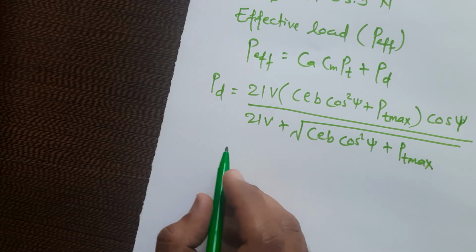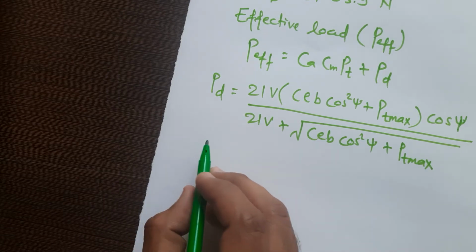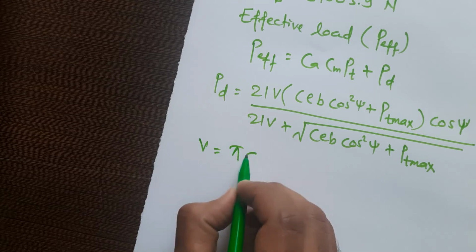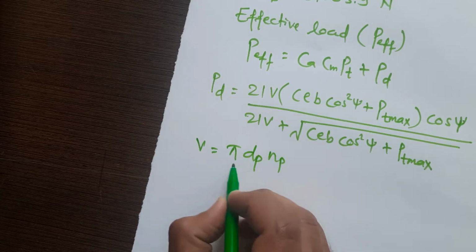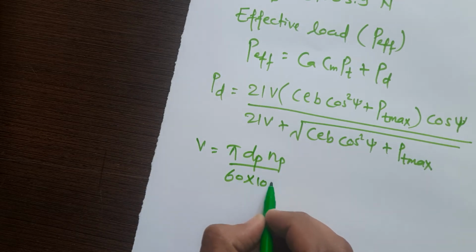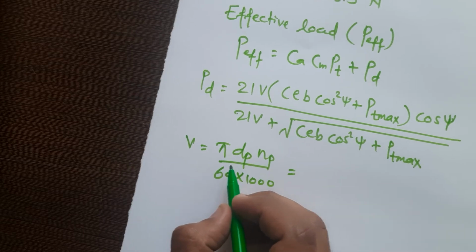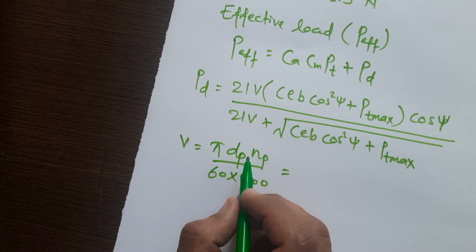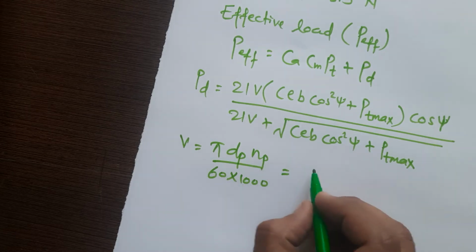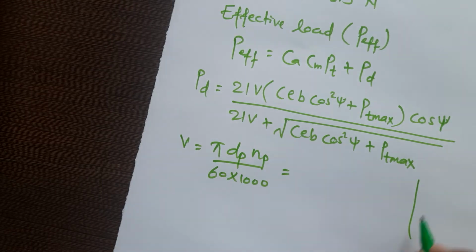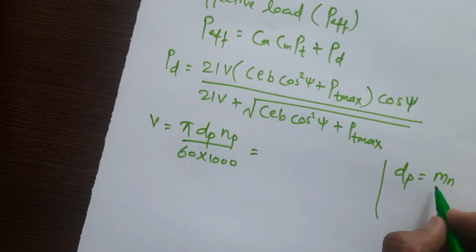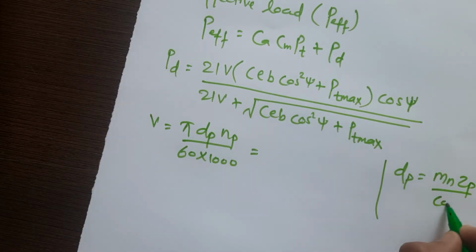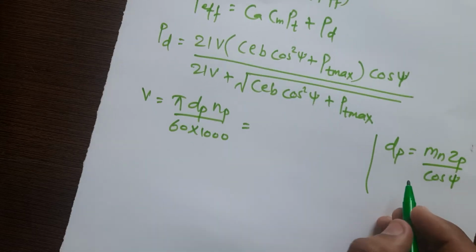First we will calculate velocity. V is equal to pi dp np divided by 60 into 1000. Now dp is m into zp, where m is mn divided by cos psi, so dp is equal to mn zp divided by cos psi.